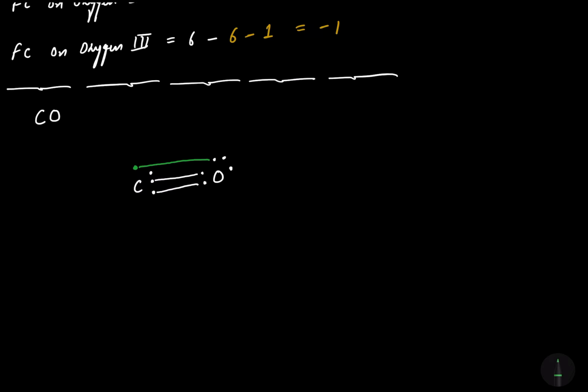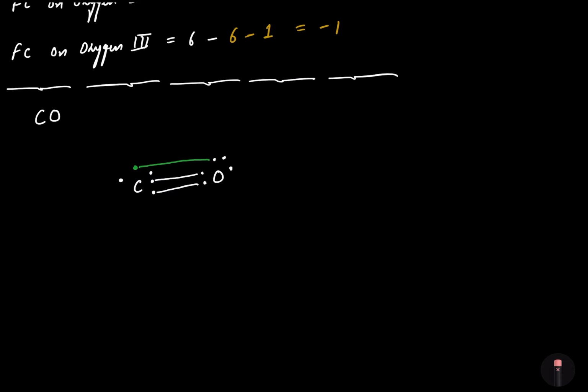I'm counting the electrons for carbon first. 1, 2, 3, 4, 5, 6, 7, and 8. So the carbon has 8 electrons in its outermost shell now, after the formation of 3 bonds between carbon and the oxygen, in which both electrons of the third bond are contributed by the oxygen atom.